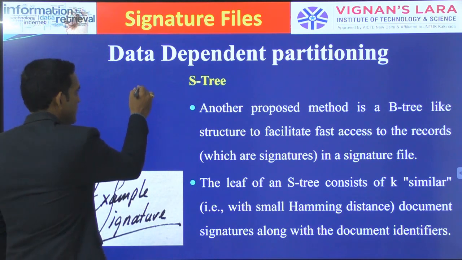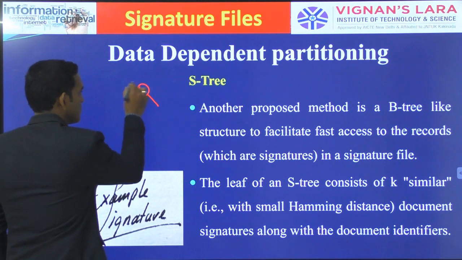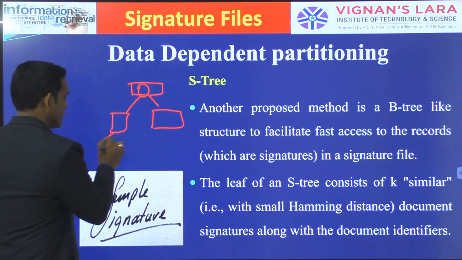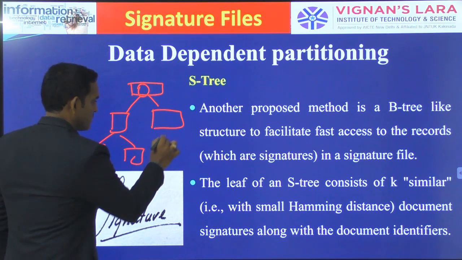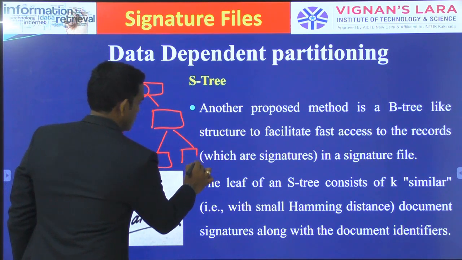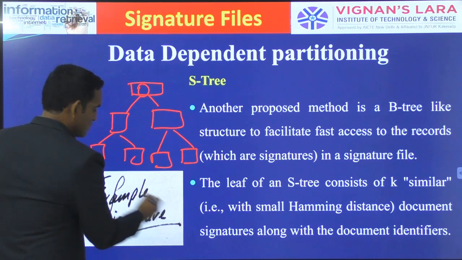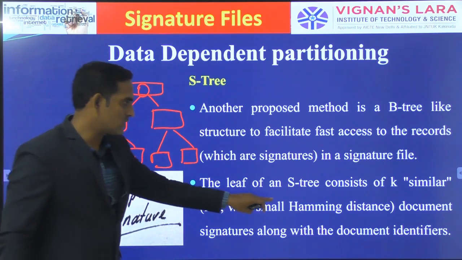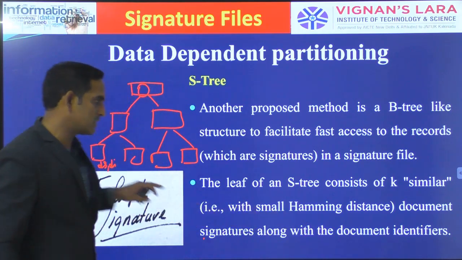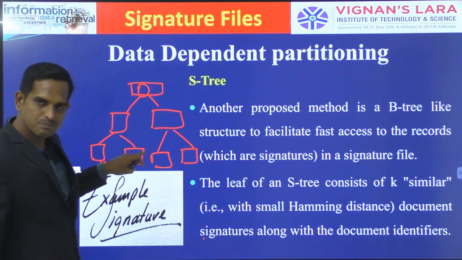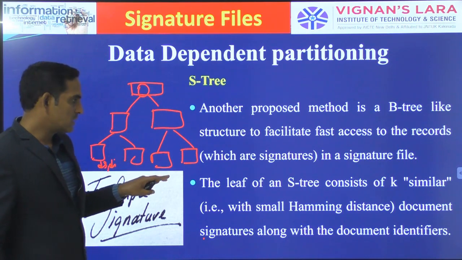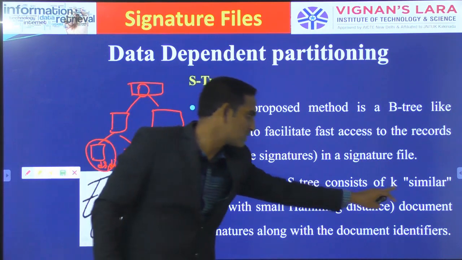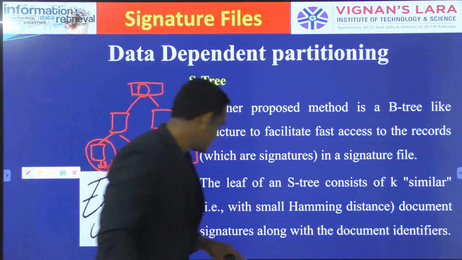So you will be having the B-trees. Each and every leaf node will contain both your document signatures as well as the document identifiers. Remember, all these are similar document signatures.